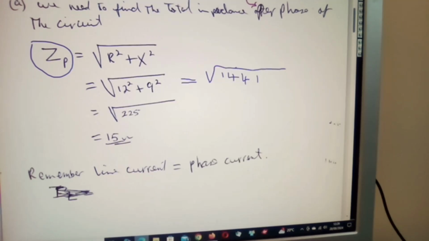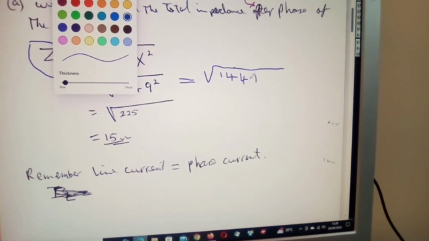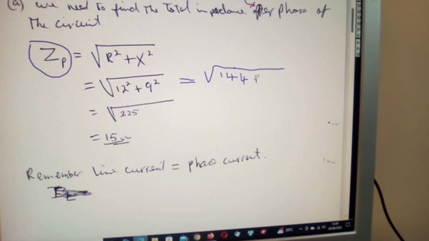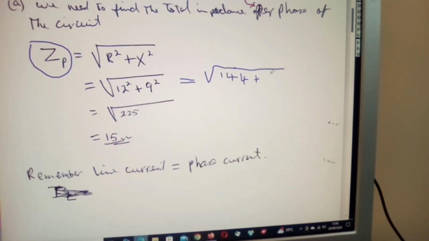Get back to my drawing. Plus, what's 9 squared? 81.